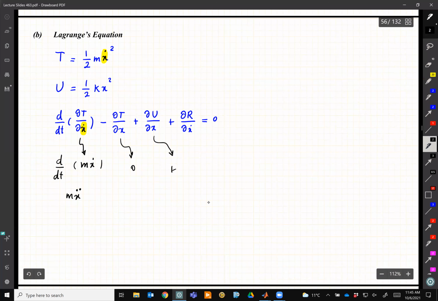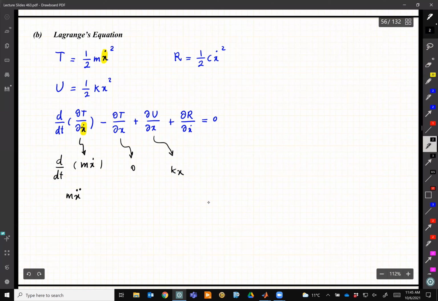The derivative of U with respect to x is kx. And now we need a new term, which is R, and R is half c x dot squared, the Rayleigh's dissipation function. That's why we show it by R, because of his name. Maybe in the future I should invent a function, the m dissipation function.